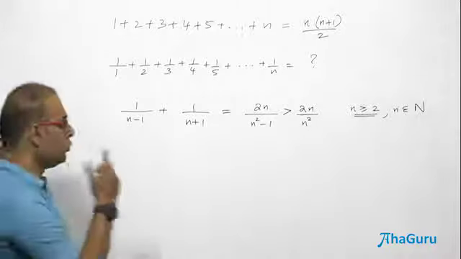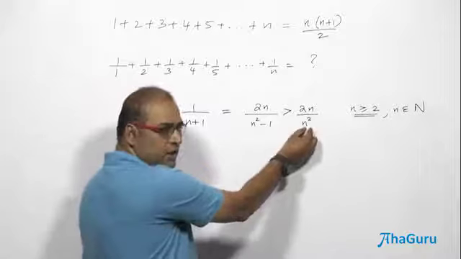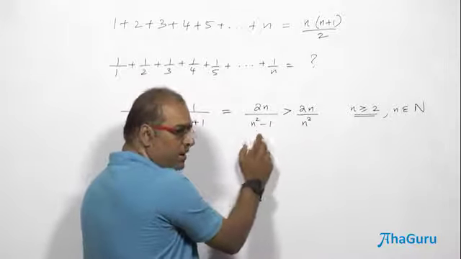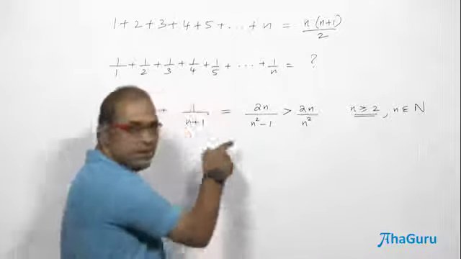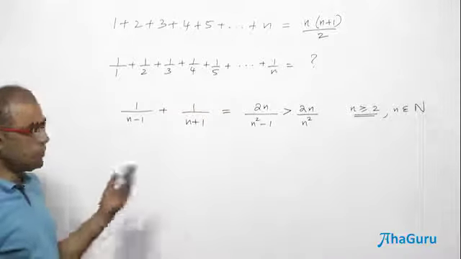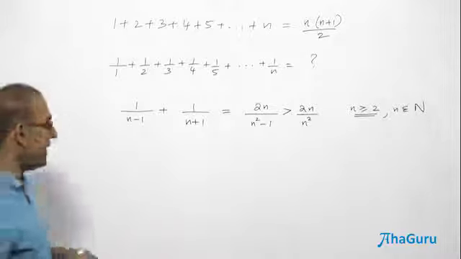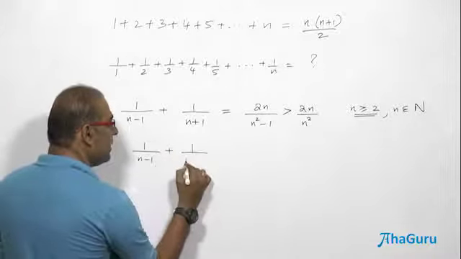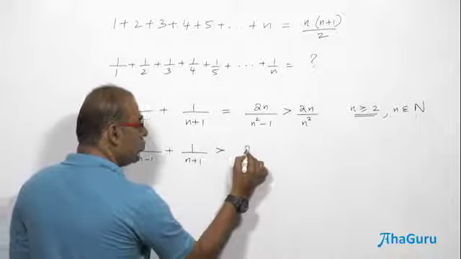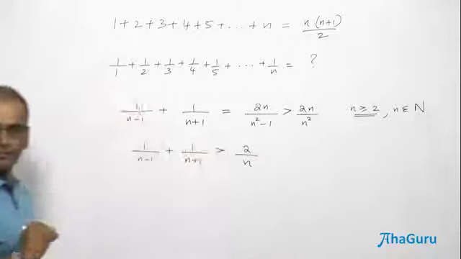The denominator is smaller here, so this one is increased. You are increasing the fraction, therefore this is greater. But what is 2n by n squared? It is 2 by n. So I have a very interesting result: 1 by n minus 1 plus 1 by n plus 1 is greater than 2 by n.